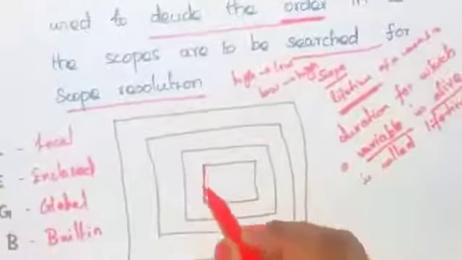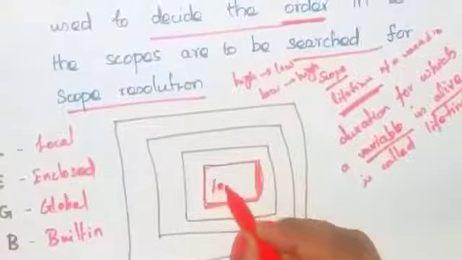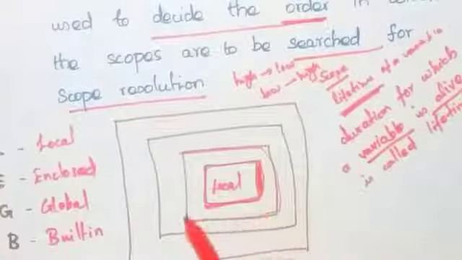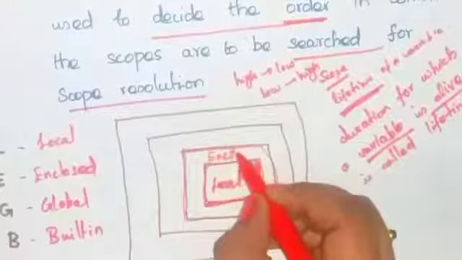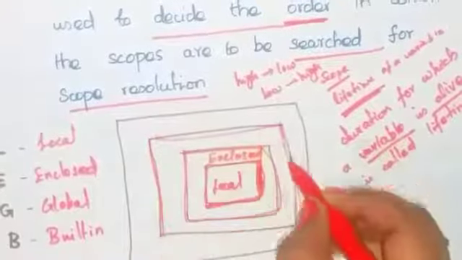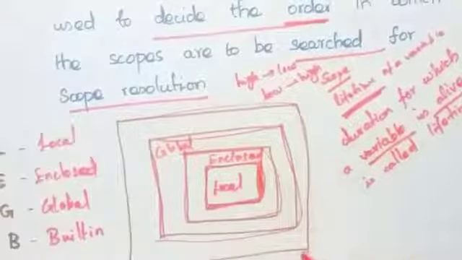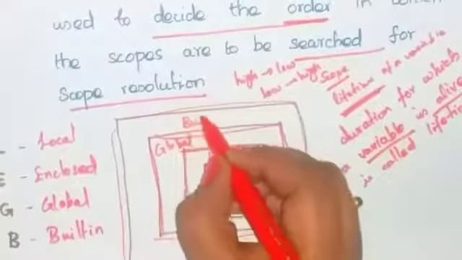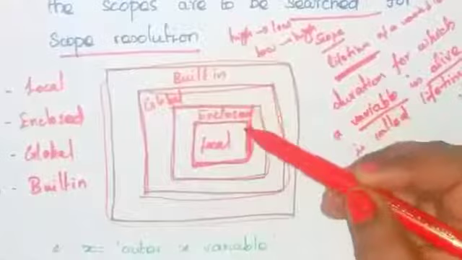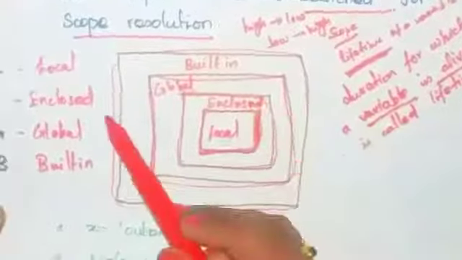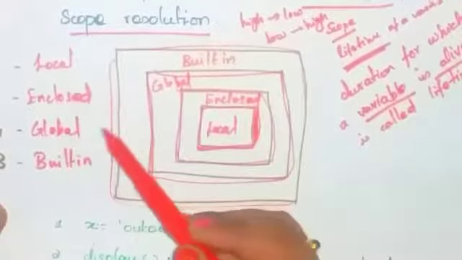Here this block is called local, this block is called enclosed, this block is global and this block is built-in. So this is the search order of the variable. These are the four types of variable scopes.